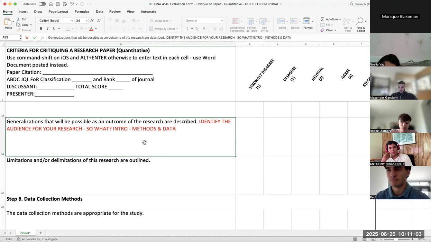Sorry, I'm kind of out of order, but most of the stuff is in some sort of sequence. But you're going to try and say in the intro, to get people's attention, who cares about this research, right? You're going to say who's going to care about this? Otherwise, they're not going to continue reading.